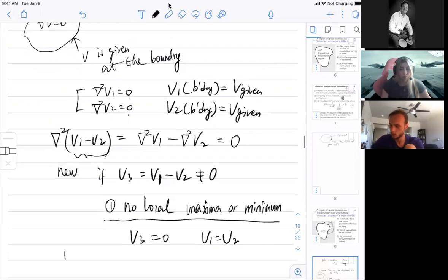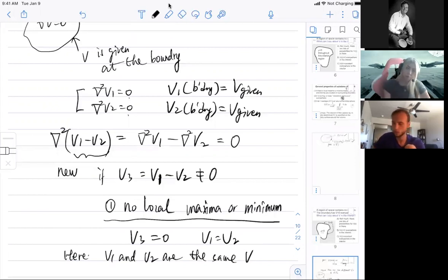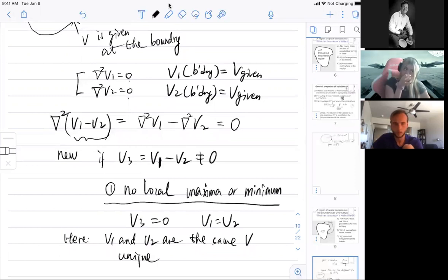So here you have proof that when V1 and V2 are the same V, you have a unique solution. That is the only solution possible. Once you have V specified on the boundary, then you can uniquely decide what your V is in your region. So in real life, we're going to see some examples where we treat our conductors as our boundaries, and we're going to solve a Laplace equation, and uniquely decide our potential in a region by applying the boundary conditions.